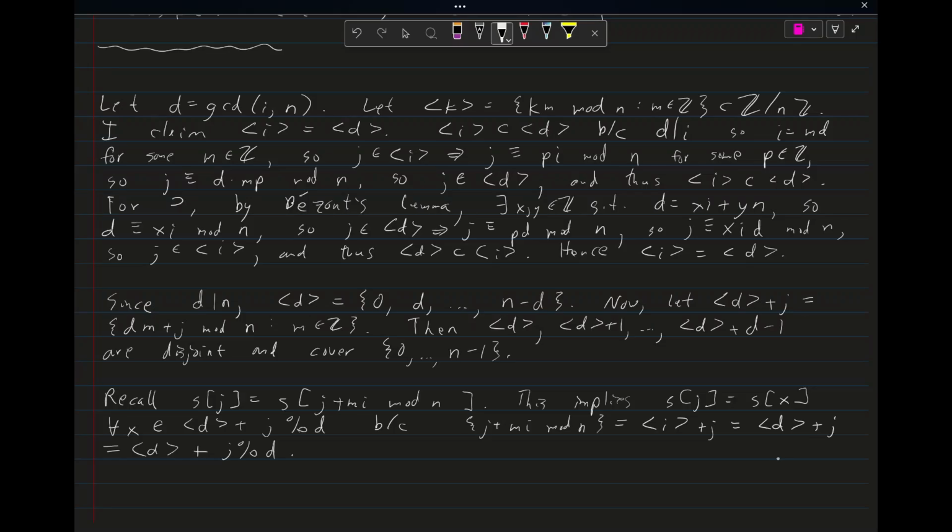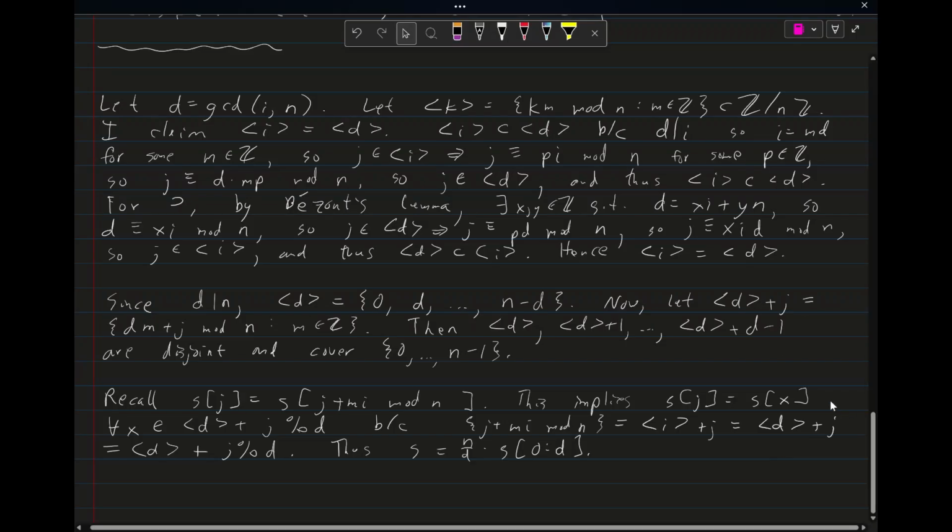And so, thus S is n divided by D copies of S from 0 to D. Right? Because the indices from 0 to D are going to each belong in one of these distinct sets.